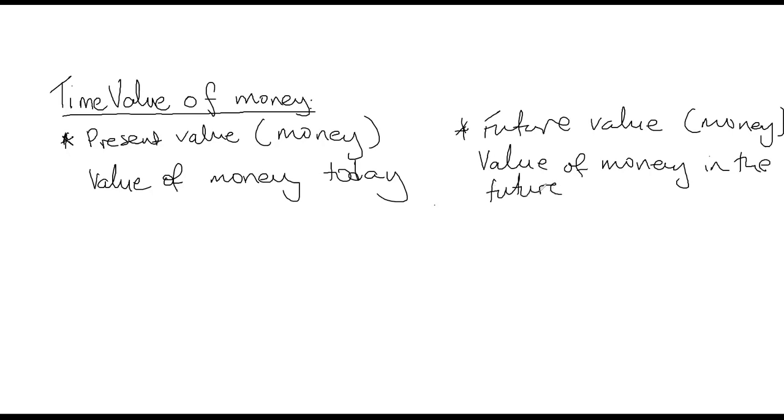In other words, the present value of money is the value of money today, meaning the value of money in the present, whereas the future value is the value of money in the future.